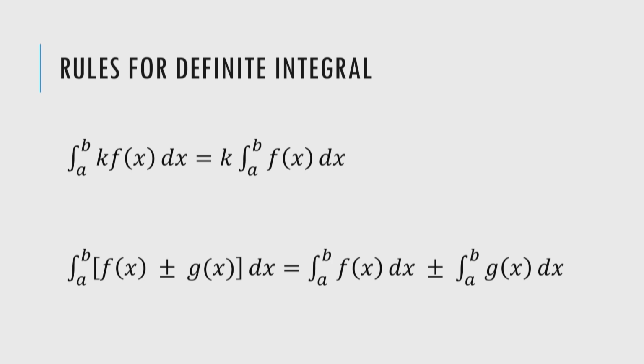The integration of f of x plus or minus g of x with respect to x between the limits a and b is equal to integration of f of x with respect to x between the limits a and b plus or minus integration of g of x with respect to x between the limits a and b. Let's apply these rules to some examples.